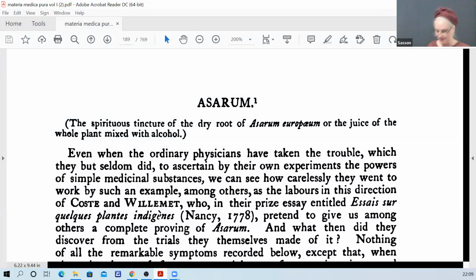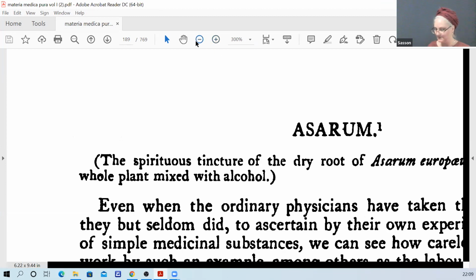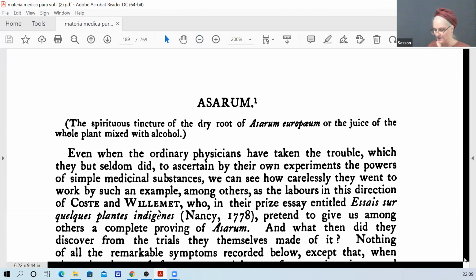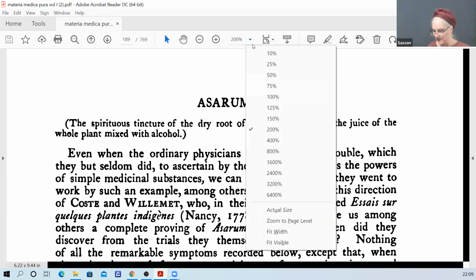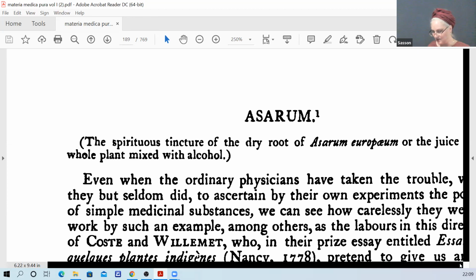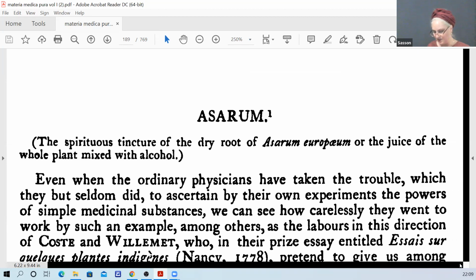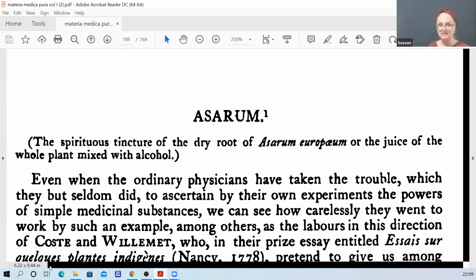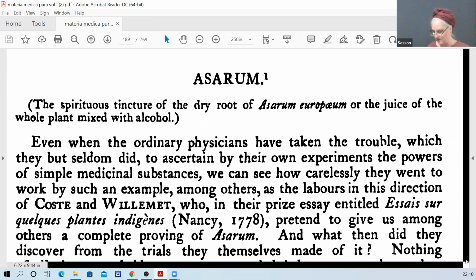Even, this is now what Hahnemann says, even when the ordinary physicians have taken the trouble, which they seldom did, to ascertain by their own experiments the powers of simple medicinal substances, we can see how carelessly they want to work by such an example, among others, as the labors in this direction of, I guess it's Coste and Willemet, who in their prize essay entitled Essais sur quelques plantes indigènes, which was produced in Nancy, which would be in France, in 1778, pretend to give us, among others, a complete proving of Asarum.